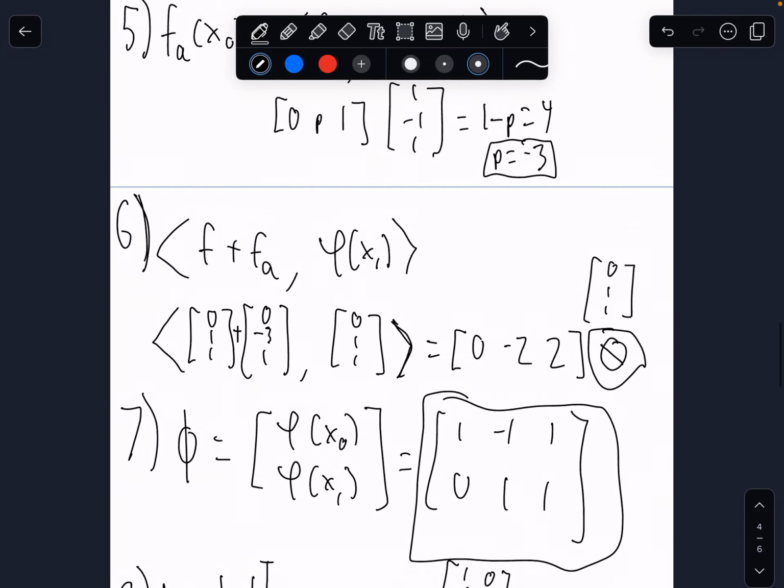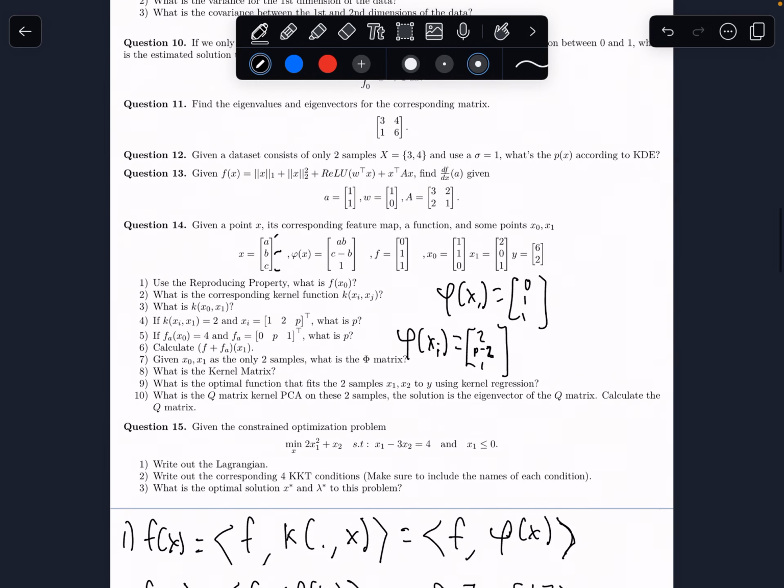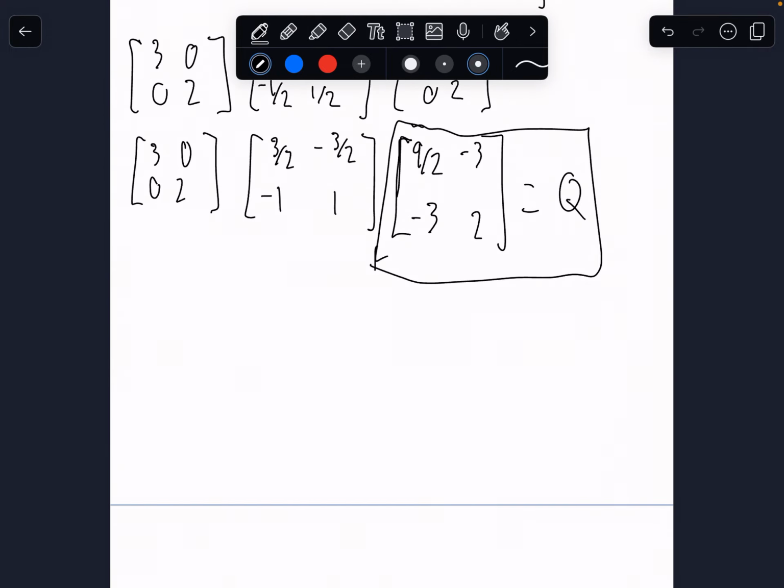And then the answer is the eigenvector of the Q matrix. So let's do some eigenvectors.